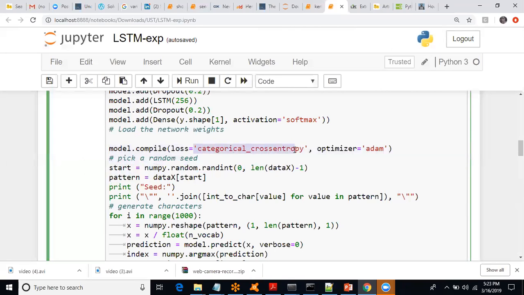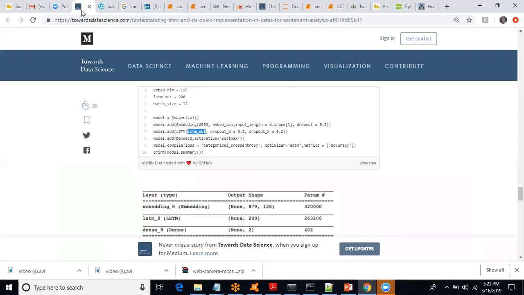So see, the loss is categorical cross entropy because here the problem is more than two categories. The example I am showing here is also having categorical cross entropy. So why is it?